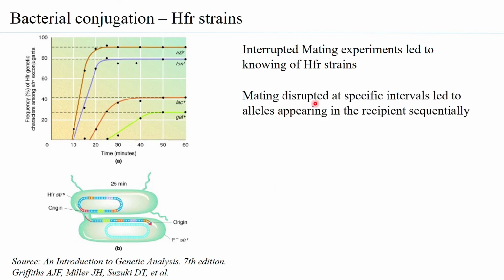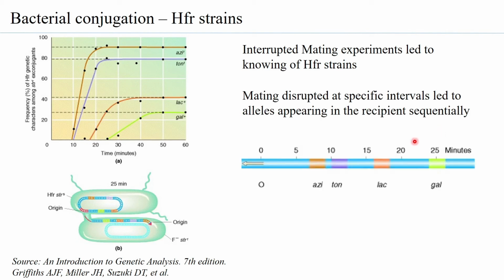Now, mating, when disrupted at specific intervals, as mentioned, leads to alleles appearing in the recipient sequentially or in a certain order. So, as you can see over here, at the 0th minute, you don't have any of the genes coming in. Between the 5th and 10th minute, you have this gene coming in. Between 10 and 15, you have this gene coming in. Between 15 and 20 minutes, you have lac coming in.